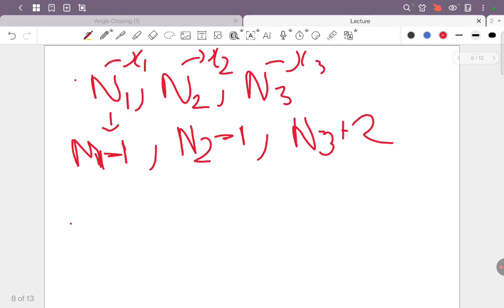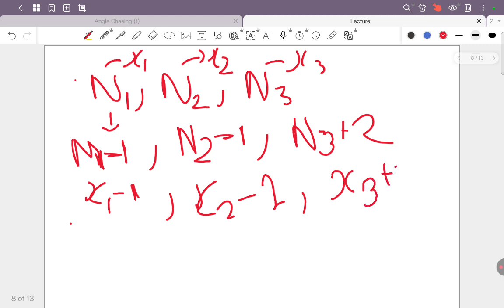You can skip this part if you haven't studied modular arithmetic. So this will be congruent to x1 minus 1, x2 minus 1, and x3 plus 2.